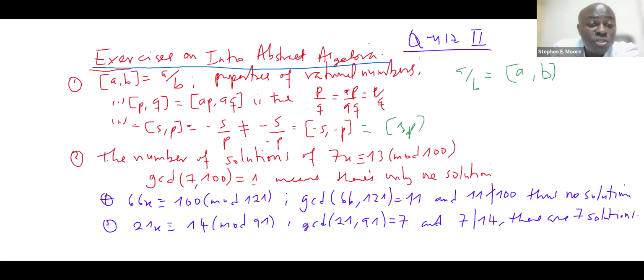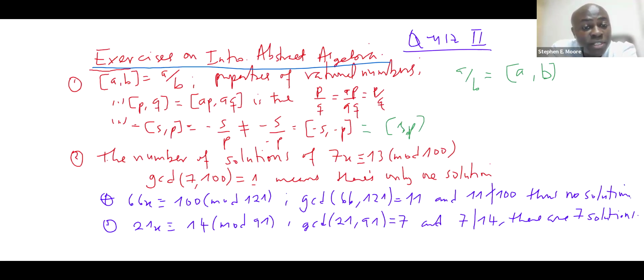And the other question was to find the number of solutions of a linear congruence. There are many ways to solve this, but a quick way is a clear-cut understanding of the greatest common divisor.